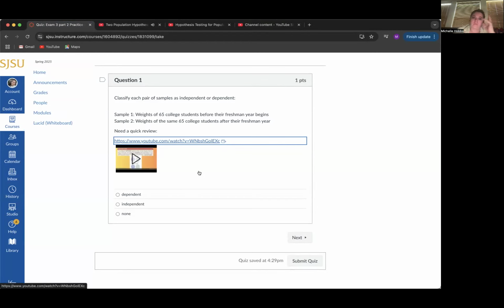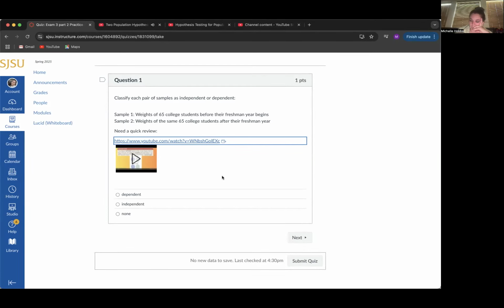Note that we have two populations right now. We took two samples from two populations, and we are interested in forming a hypothesis test and analyzing these data. But we need some basic information first. First, we need to know what is the definition of dependent and independent samples.